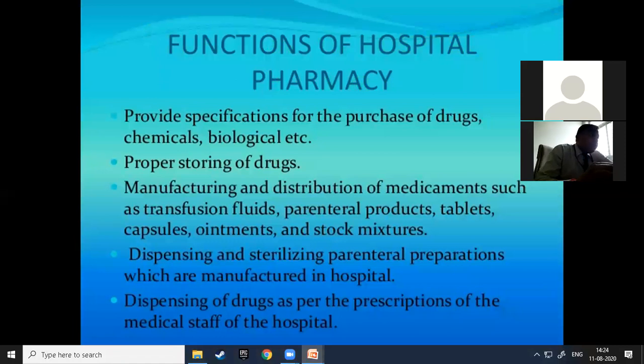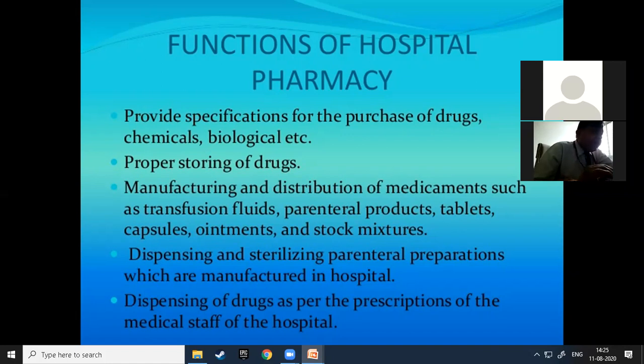The function of hospital pharmacy provides a specification for the purchase of drugs, chemicals, biologicals, etc. Proper storing of drugs, manufacturing and distribution of medicaments such as transfusion fluid, parenteral products, tablets, capsules, ointments, stock mixtures, dispensing and sterilizing parenteral preparations which are manufactured in the hospital.